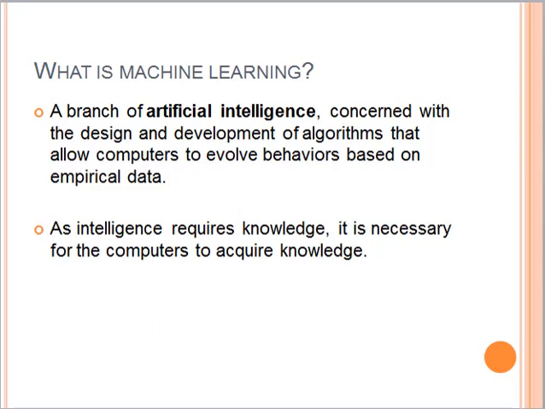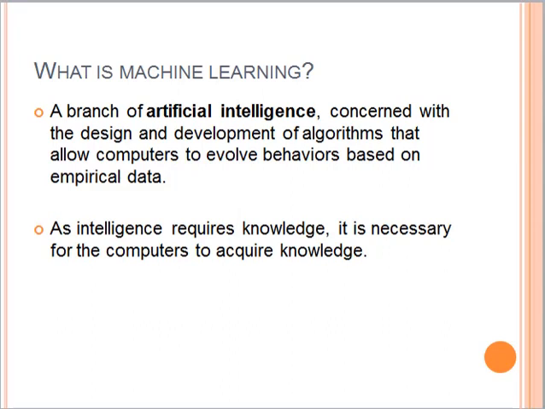And since intelligence requires knowledge, because we cannot build intelligence in any system or application without some initial or prior knowledge, it's necessary that we should be able to acquire some kind of knowledge in order to generate intelligence. And to have this knowledge, we want to make the systems or computers capable of acquiring it from the data, right?